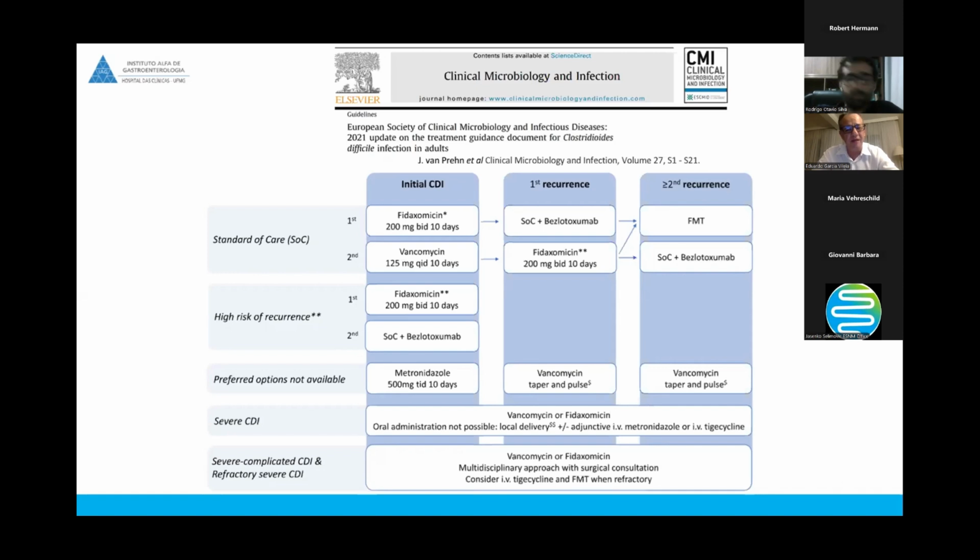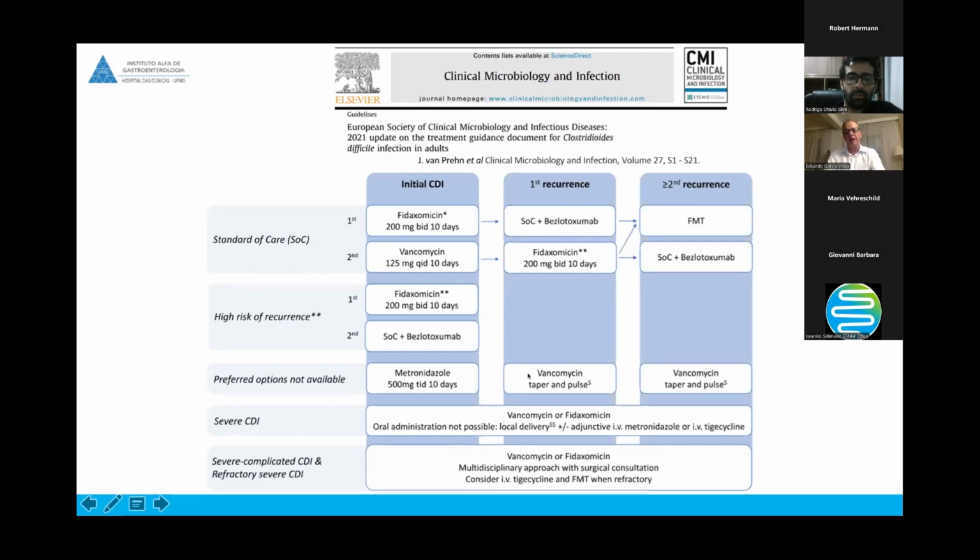In the first reference, if you have already used fidaxomicin, you can use fidaxomicin plus this kind of antibody that inhibits or makes a barrier against the B toxin. And if you had used vancomycin in the initial CDI, you invert and prescribe fidaxomicin for the first recurrence.